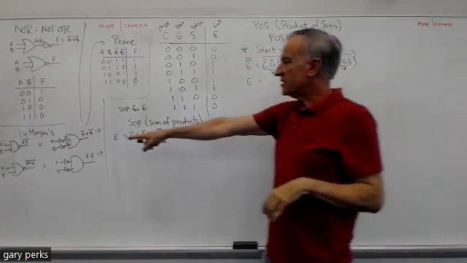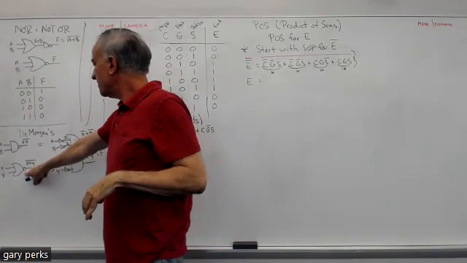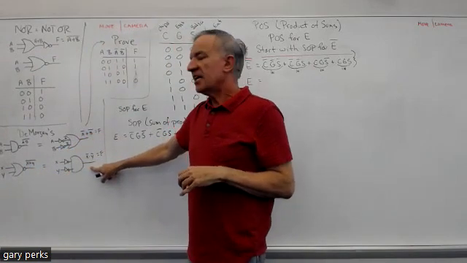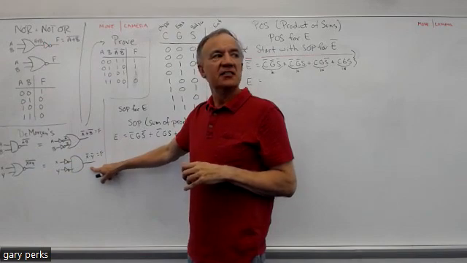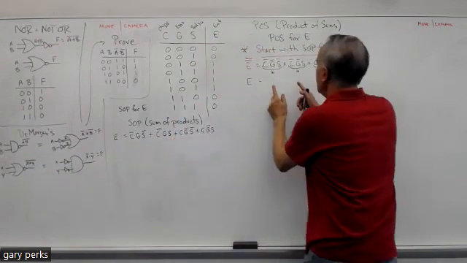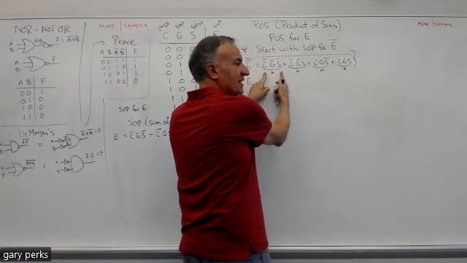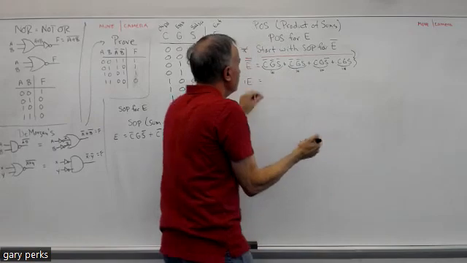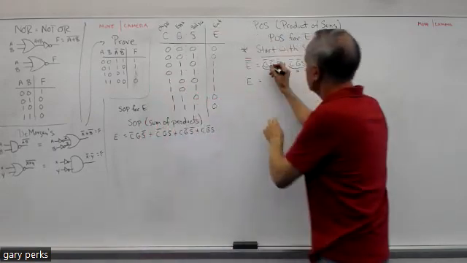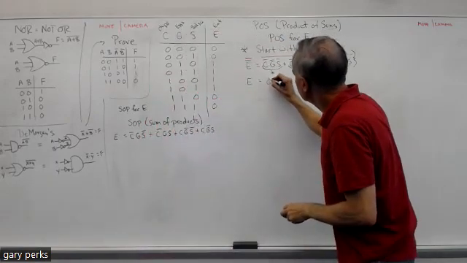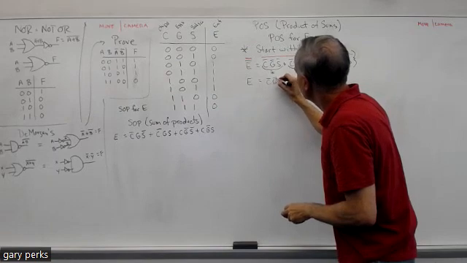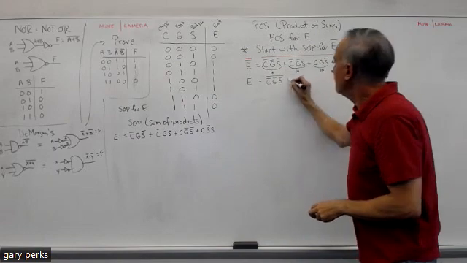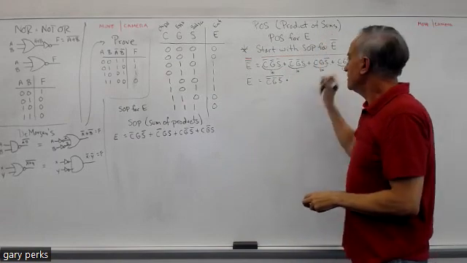And what does De Morgan's tell us? De Morgan's tells us a NOR gate is the same as an AND gate with the inputs inverted. So I can take each one of these inputs, invert them, and then AND them together. So you see, I'm going to take each input, not C, not G, not S, invert it, and then AND it with the next.